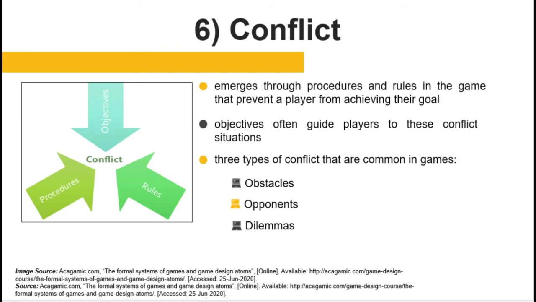Dilemmas, these are problematic choices that a player is faced with. It is a strategic decision where the consequences have to be weighed before proceeding. The figure shows that conflict emerges when objectives guide players towards rules and procedures that work against the player's goal.